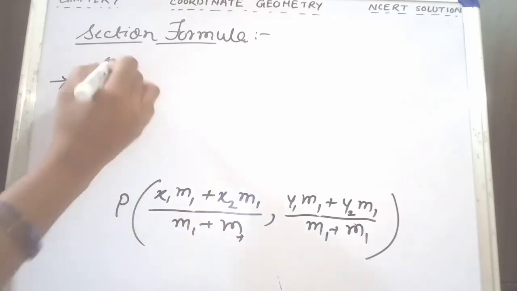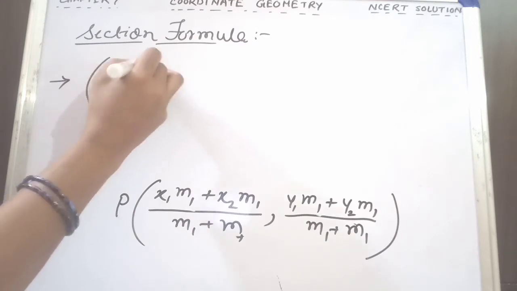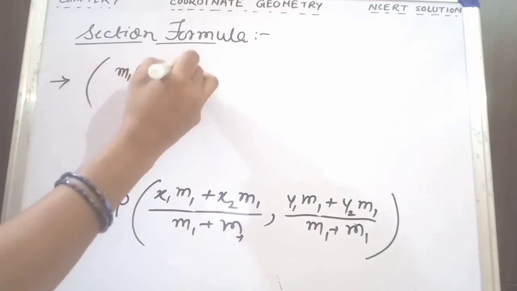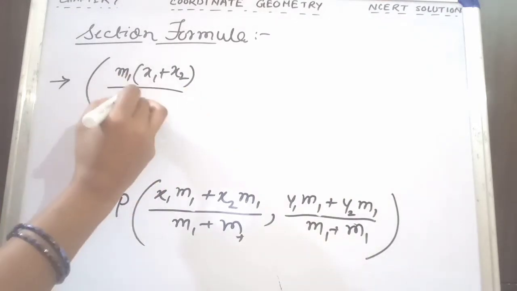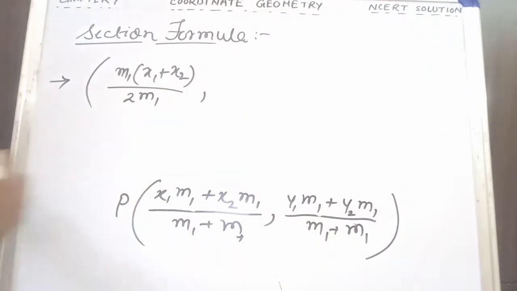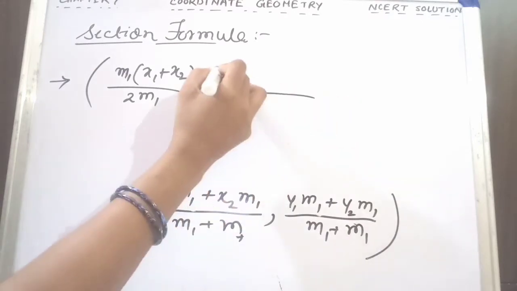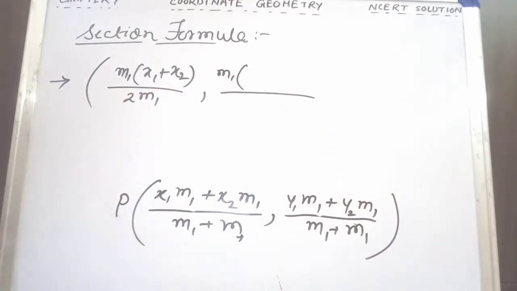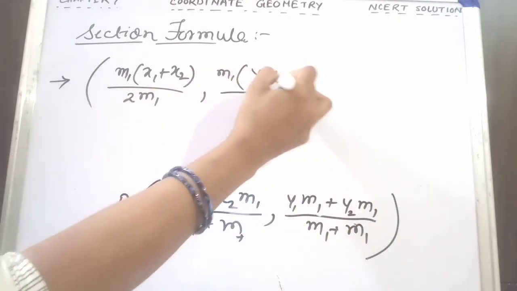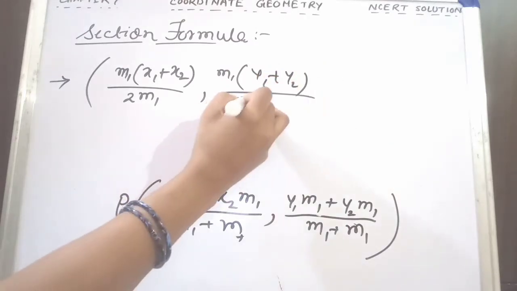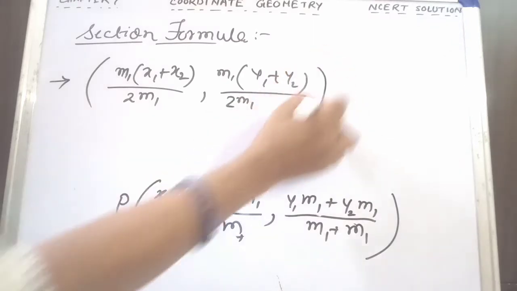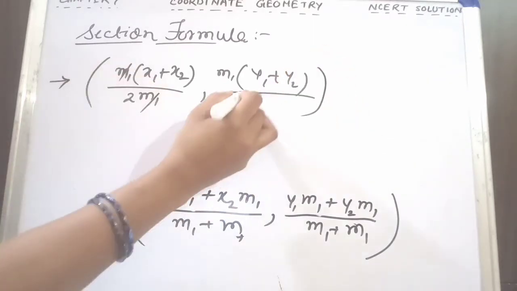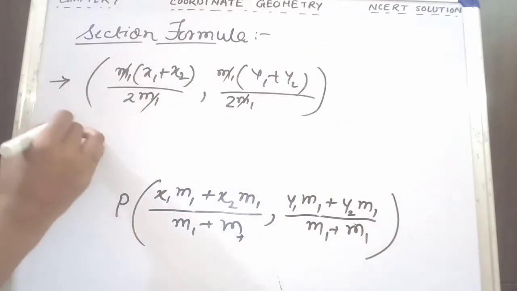x1 M1 plus x2 M1, take M1 common, (x1 plus x2) by 2M1, and the y coordinate is, taking M1 common, (y1 plus y2) by 2M1. So now M1 and M1 cancel out.